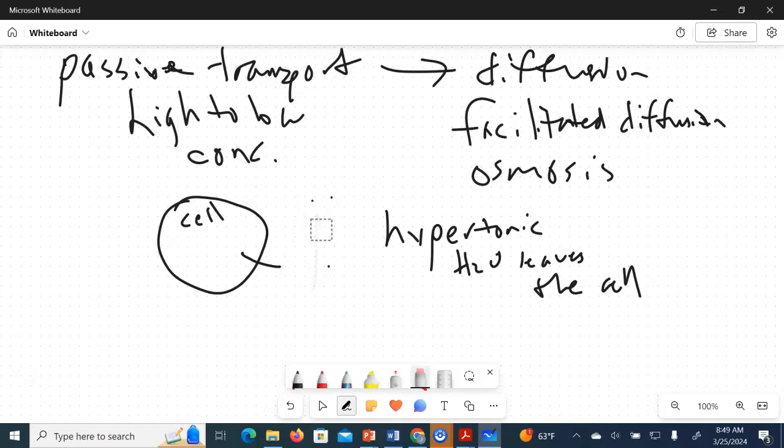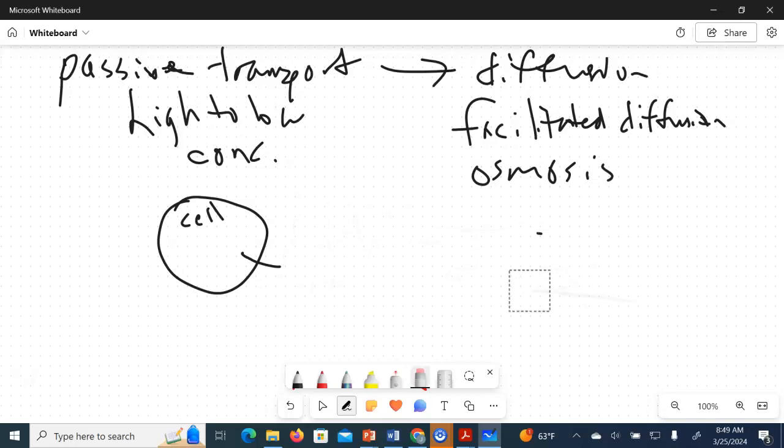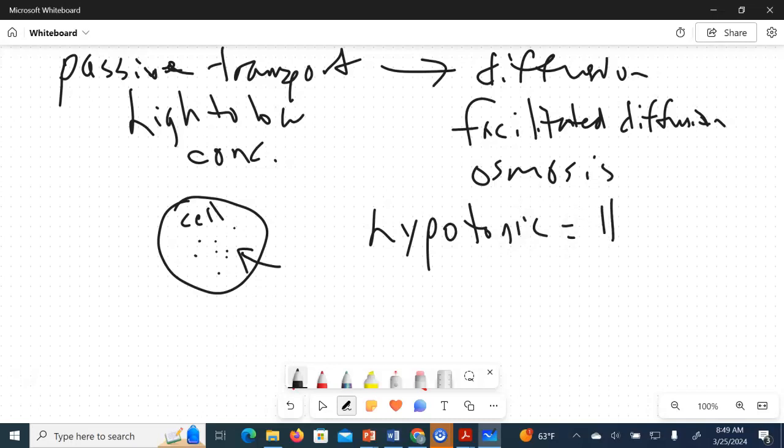All right. So what if we put the stuff inside the cell, or if there's more stuff inside the cell than on the outside? Well, now we're in a hypotonic environment. In a hypotonic environment, the concentration is higher on the inside of the cell, so now water goes in. Neither of those is ideal. If the water's going in the cell, it's going to explode.